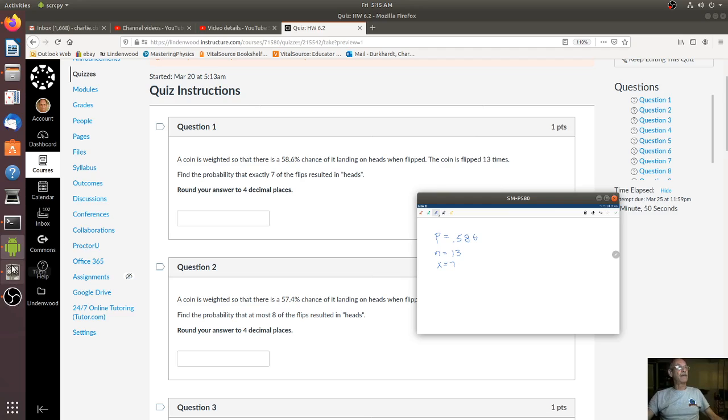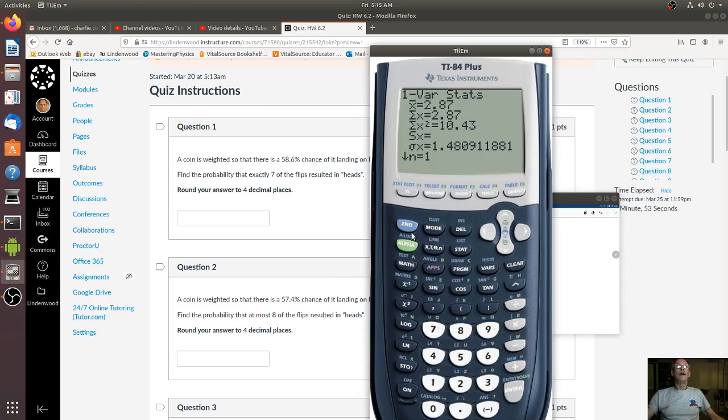Okay, so grab my calculator and clear this stuff off here. I'm going to go to second distribution. Remember that the binomial is way up here, and I see the word exactly, so I'm going to use the PDF.